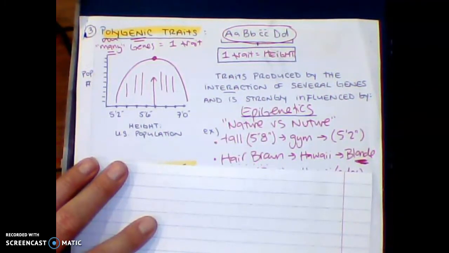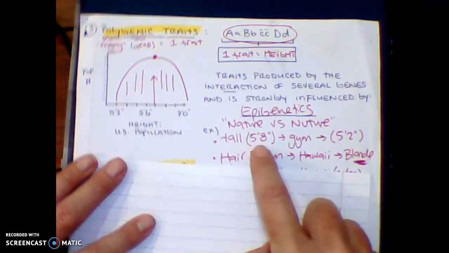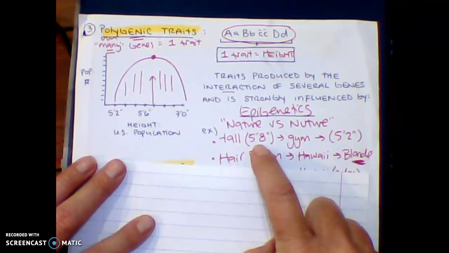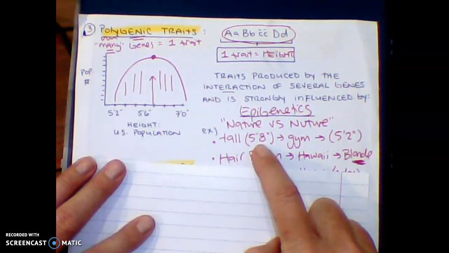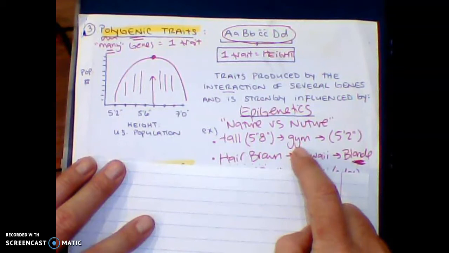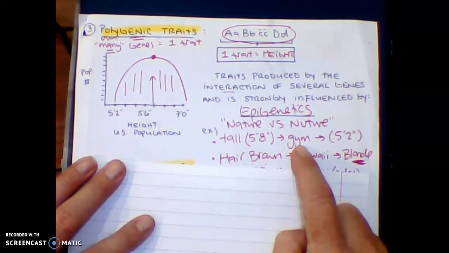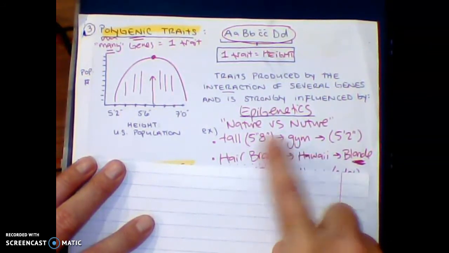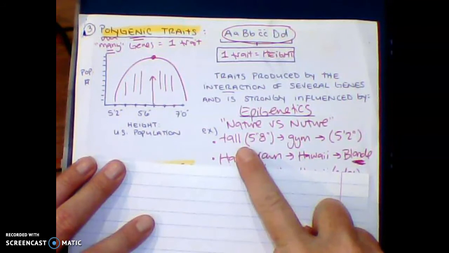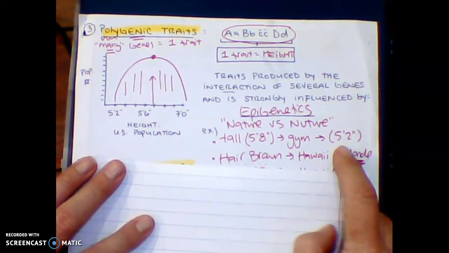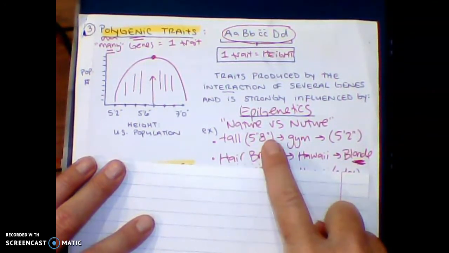For example, if your genetic disposition was to be tall, you were supposed to be 5'8" genetically when you were born, but then you started to become a gymnastics athlete when you were 4 years old, and you made it into, say, the Olympics by the time you're 10. Gymnastics actually impacts and alters your height. So gymnastics actually made you 5'2" and not 5'8", okay?